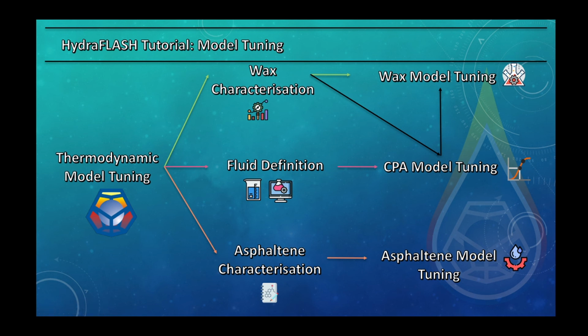You can tune the model using saturation properties, using PVT lab test properties like separator data, CME, DLE, viscosity, or other experimental data which you have in PVT lab testing, or a combination of them. So when you have a fluid defined and ready, you can tune it with CPA model tuning.